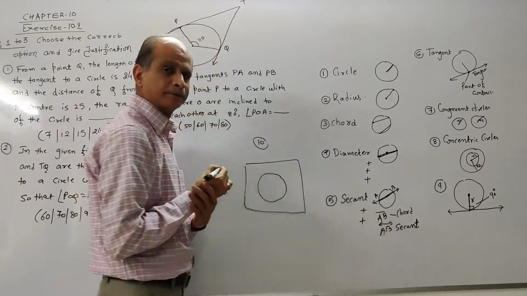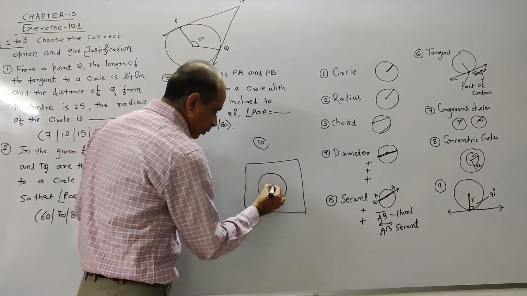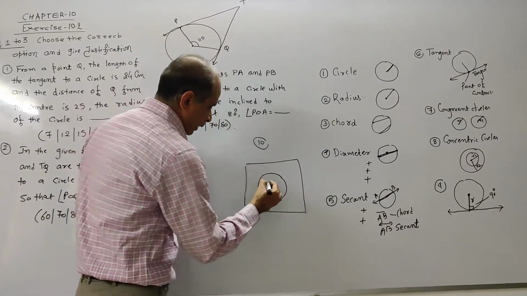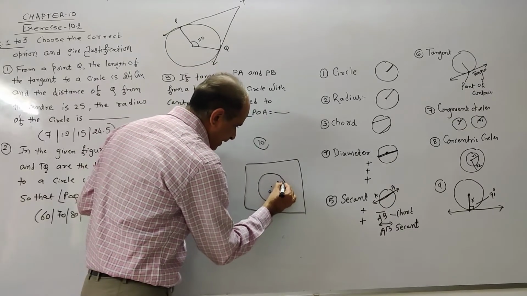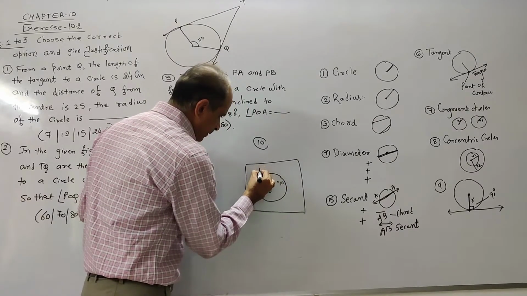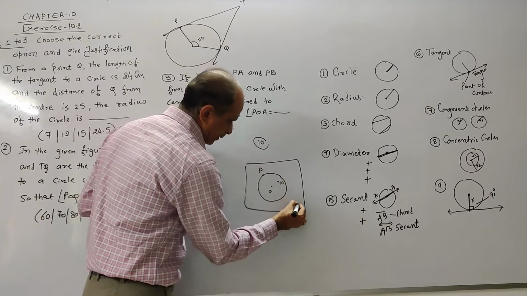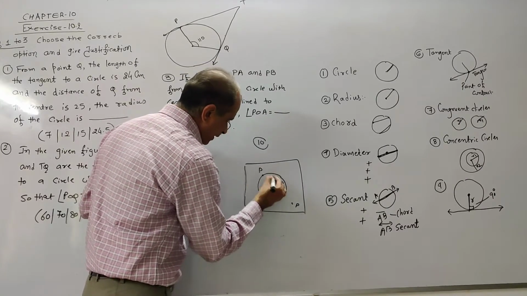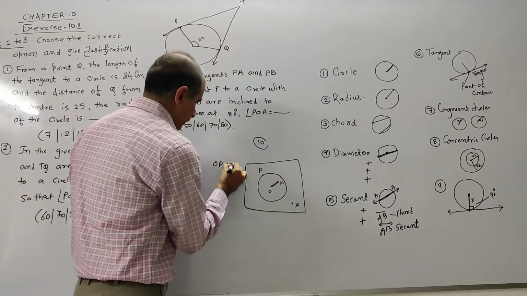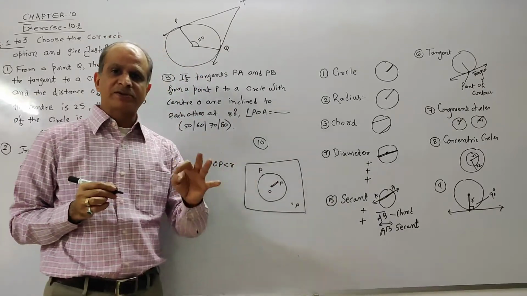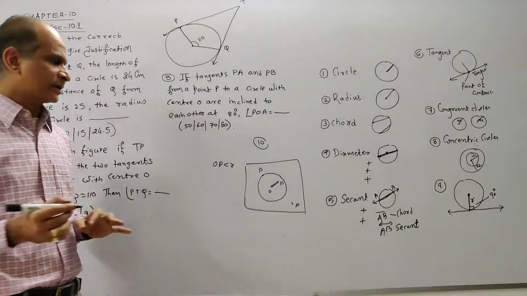Well, we have also discussed the 10th point of this chapter, that is partition of the plane of a circle by a circle. Let me take O as the center. One point P is there. Here let me take one point, and here let me take one point. If OP is less than R, then P is a point in the interior part of the circle.